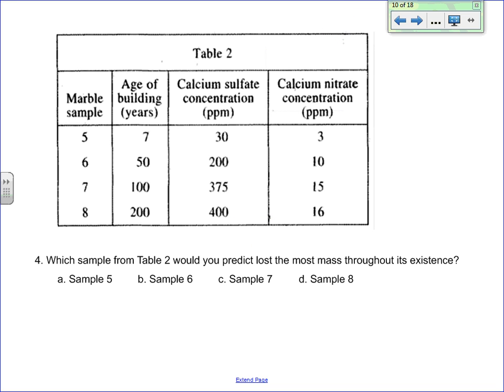If you are pressing play at this point, that means that you are ready to go through 4 through 11. First off, question 4. Which sample from Table 2 do you predict lost the most mass throughout its existence? What do you think? How do you think 8?